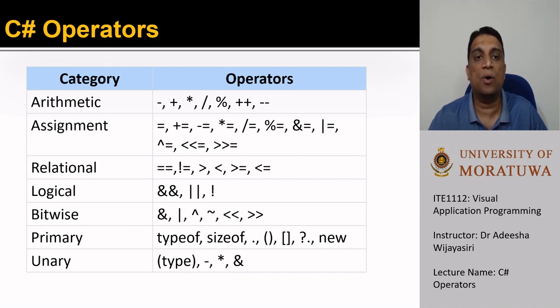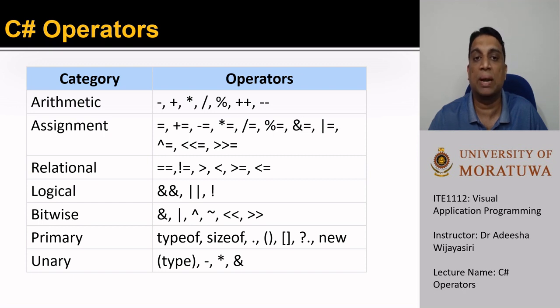Then we have the logical category, and conditional logical and, conditional logical or, and not operators are included in this category. Bitwise logical and, bitwise logical or, exclusive or, complement, left shift and right shift operators can be categorized into the bitwise operator category.